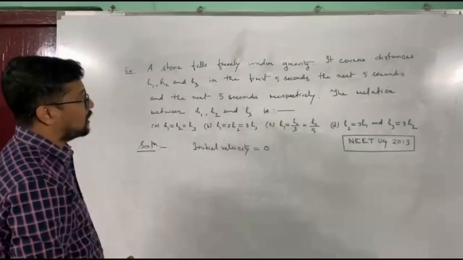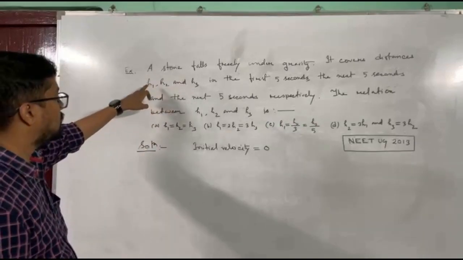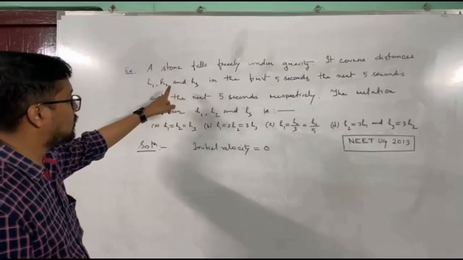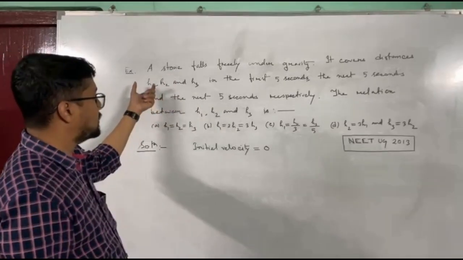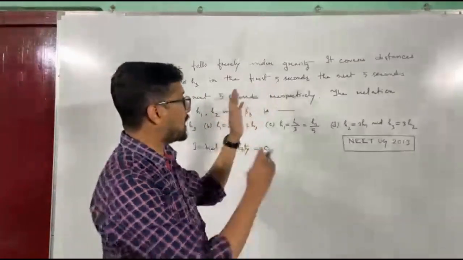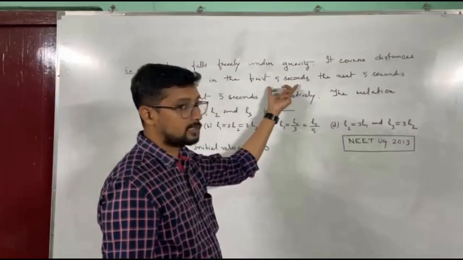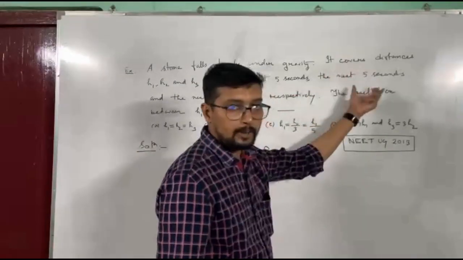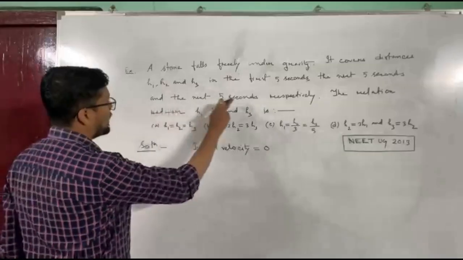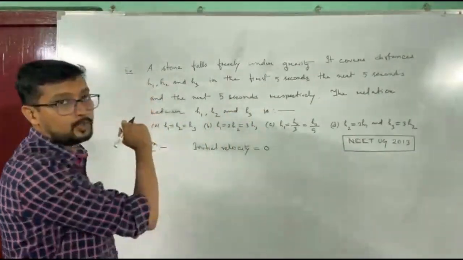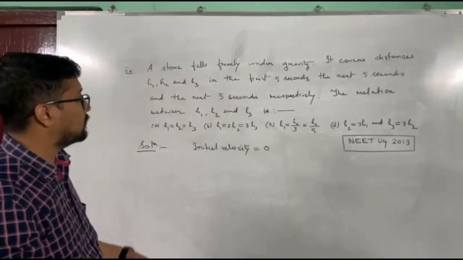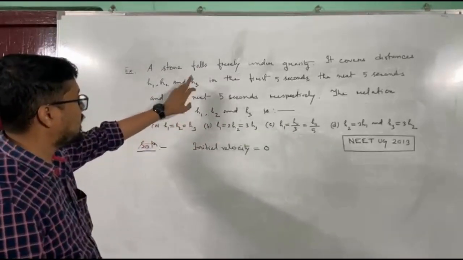If you carefully read this question, the object is the stone itself, but it has given the displacement covered by the same stone in 3 time sections, that is the initial 5 seconds, then the next 5 seconds and the next 5 seconds. In the first 5 seconds, it has covered a distance of h1, in the next 5 seconds a distance of h2, and in the next 5 seconds a distance of h3.